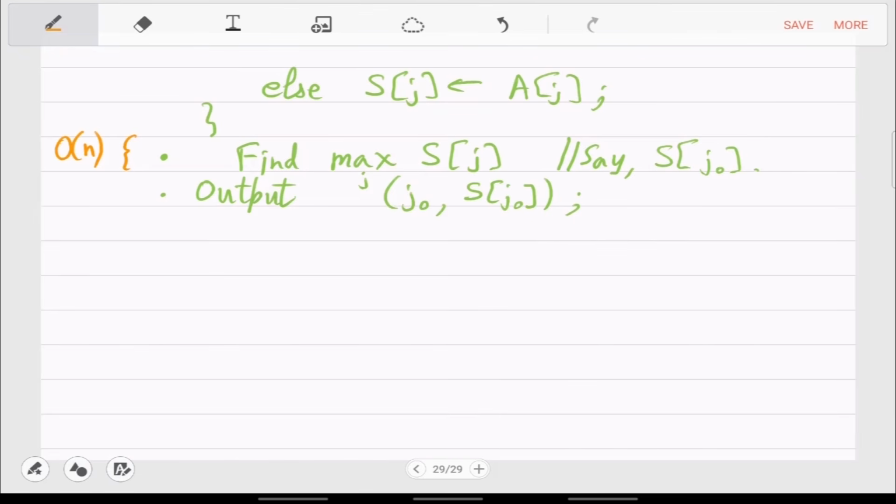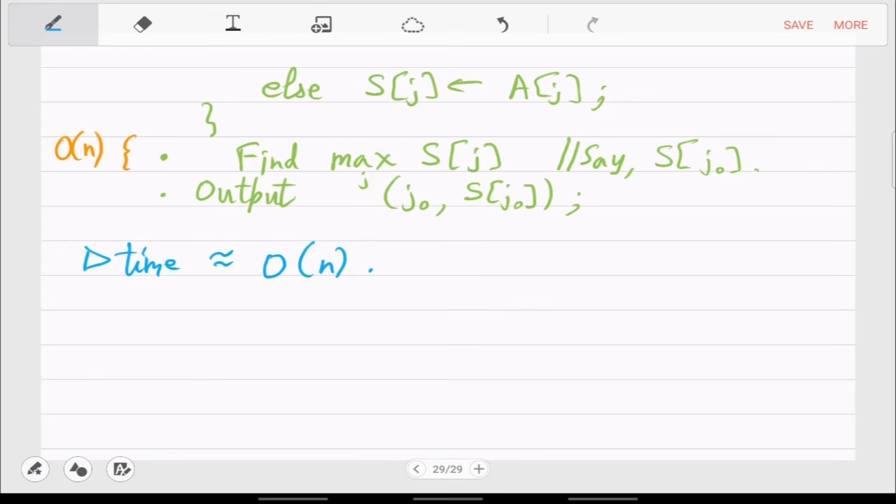Okay, so these are essentially two scans of the array. So in two scans of the array, you are able to calculate max sum, which is brilliant. So this is order n time. Okay, any questions?